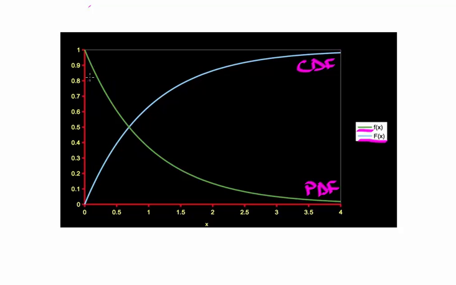From a graphing standpoint, we can see that at a high slope, or a high rise over run, the value for the PDF is high. And when there's a small slope, or rise over run, for the CDF, we find that the value for the PDF is low.